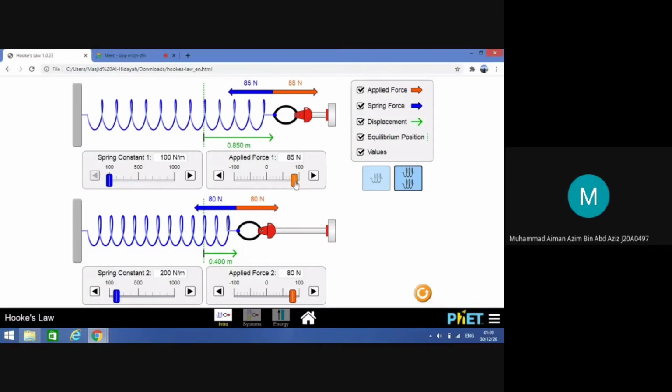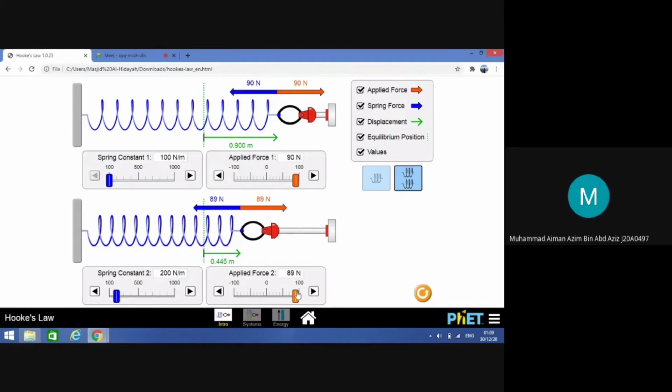And we put 90 Newton force on both springs. So on the 100 Newton per meter spring constant, we will get 0.900 meter displacement, and the 200 Newton per meter spring constant will get 0.450 meter displacement.